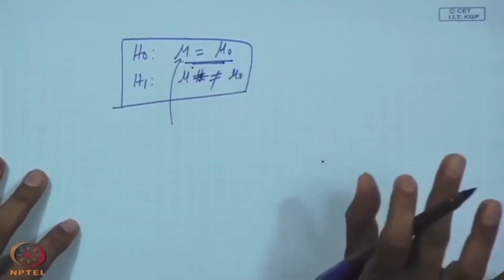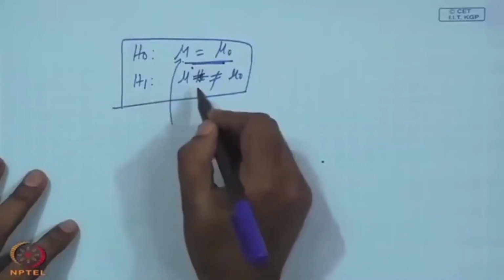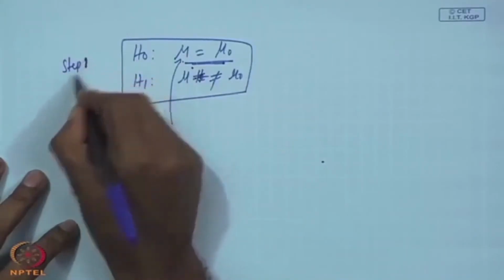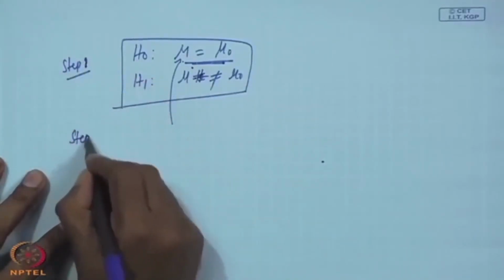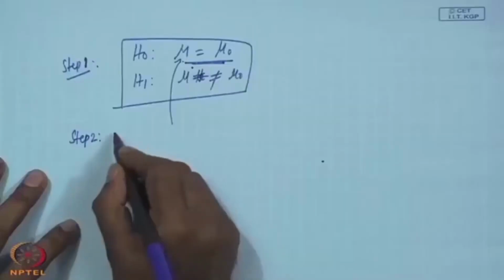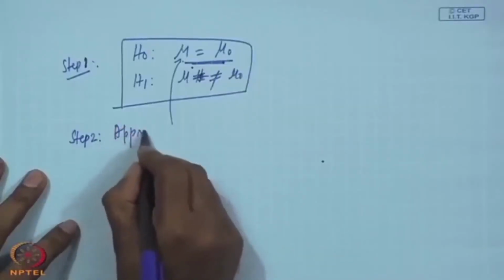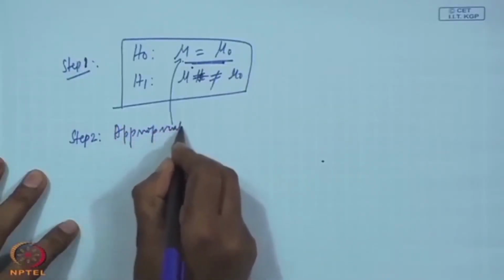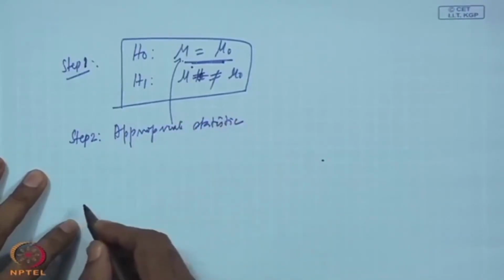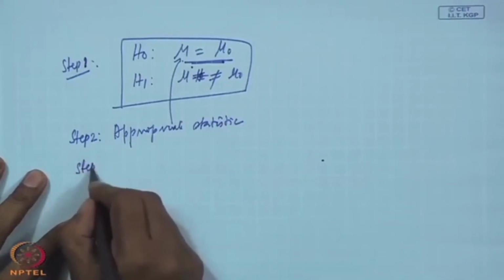So, in hypothesis testing, the steps are: find out the null hypothesis and alternative hypothesis, that is your step 1. What will be your step 2? What I have given you in the univariate case: you have to find out the appropriate statistic. Then what will be your third step?